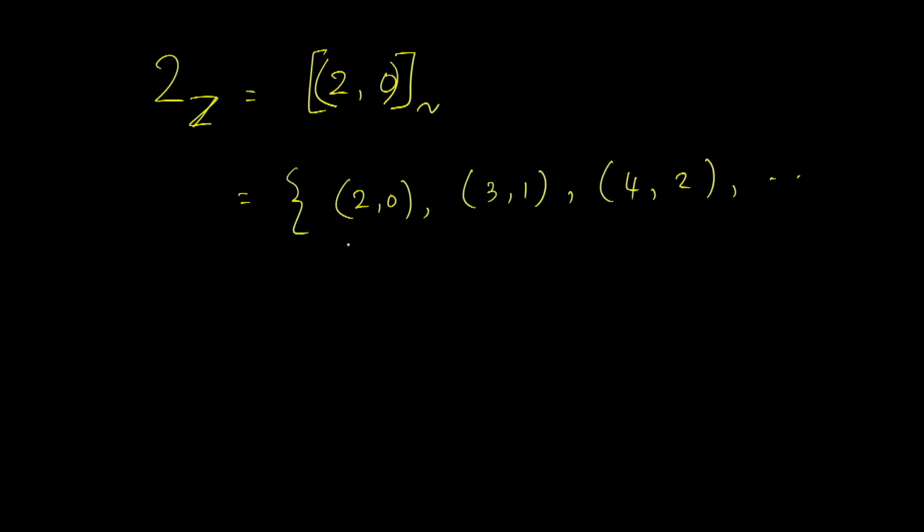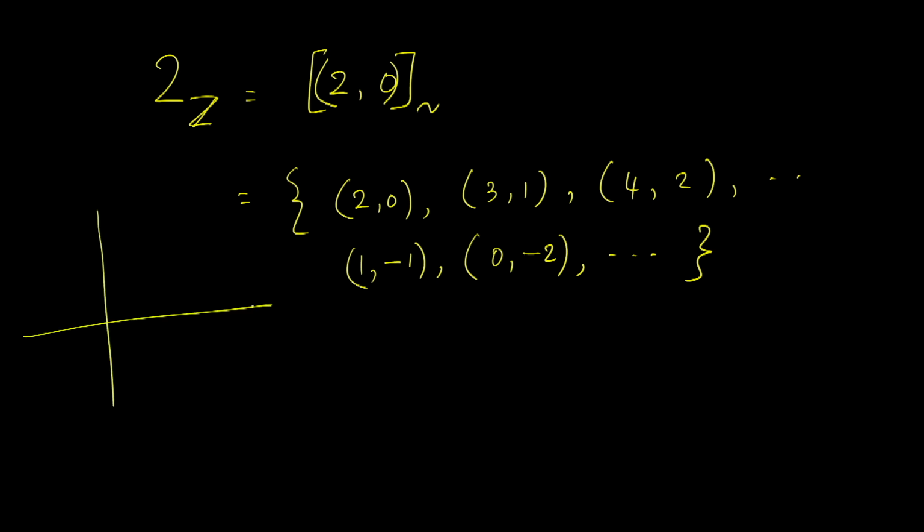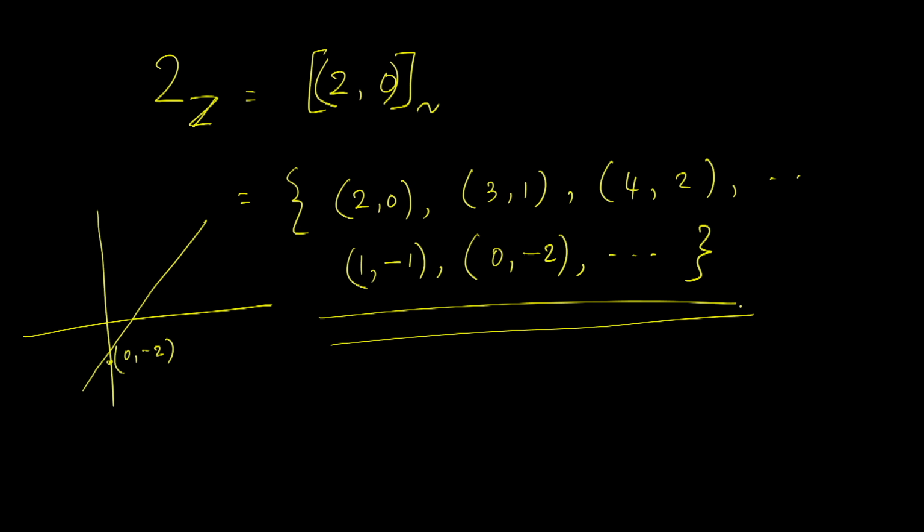This is a set, and it would also contain (1, minus 1) and (0, minus 2). So, in particular on the xy plane, if you consider the integral grid and consider a line of slope 1 which passes through (0, minus 2), all the integral grid points that fall on this line will form the set. So, this set is what we define as integer 2.